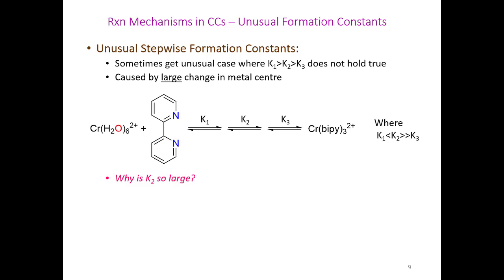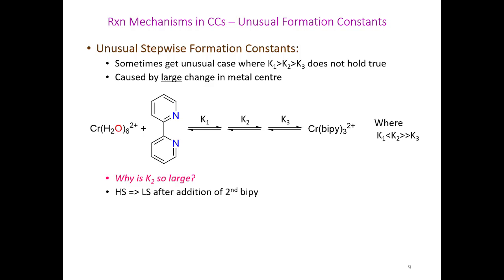Well, bipyridine is a relatively strong field ligand in comparison to water. So what can happen if you're replacing 6 relatively weak field ligands with 6 relatively strong field donors? So 3 chelating ligands, but the 6 nitrogen donors are relatively strong field in comparison to the water. What can happen is that you can change your spin states. That's actually what's happening here.